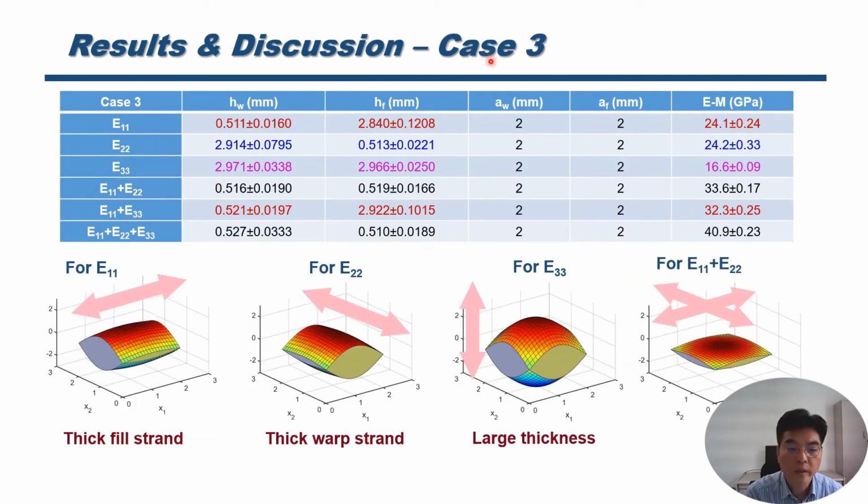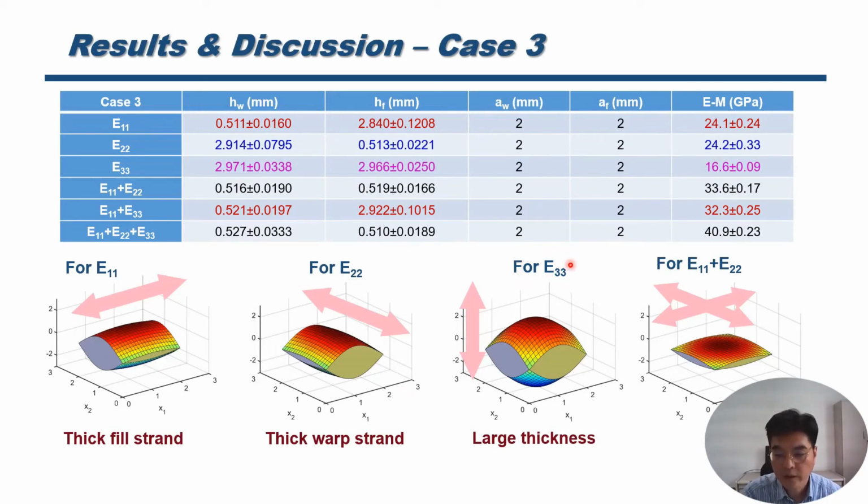For case 3, the width of fill strand and web strand are fixed. So for E11, you need to have a thick fill strand, because widths are fixed. For E22, you need to have a thick web strand.